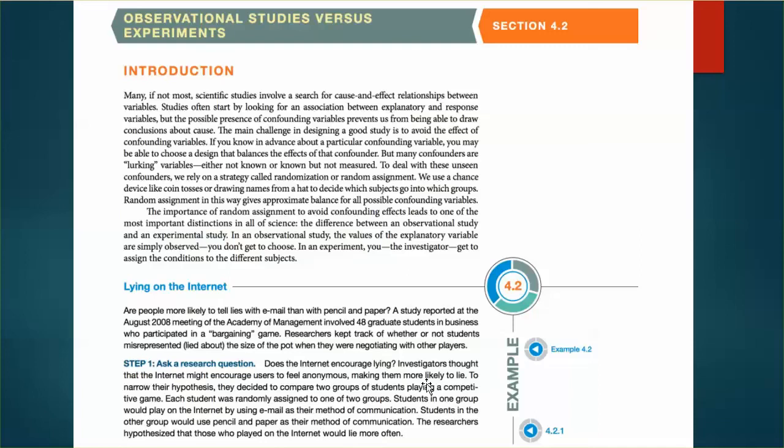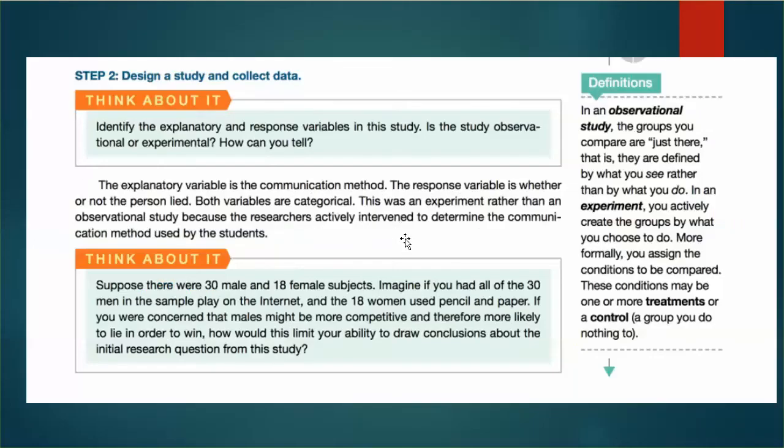One way is they could use email to communicate, and another way they could use pencil and paper and pass notes between each other. And they wanted to know, well, is there a difference between whether people lie more if they're using email than if they're using pencil and paper? And they thought that the ones who were using email would lie more often. All right. So that's sort of the question they're working with.